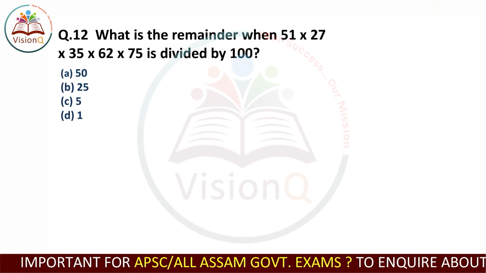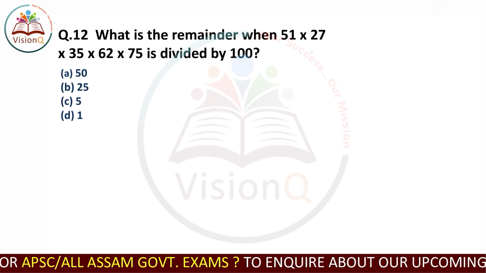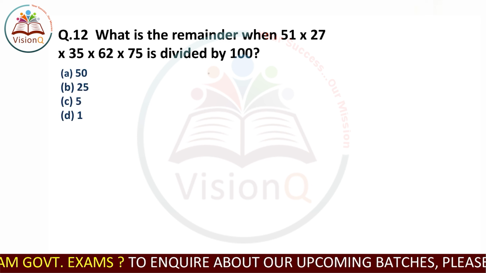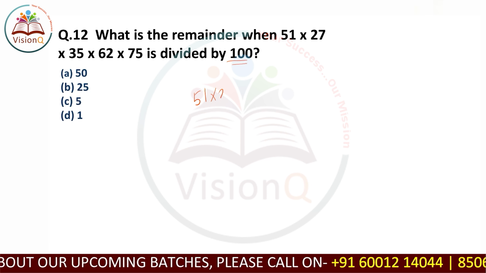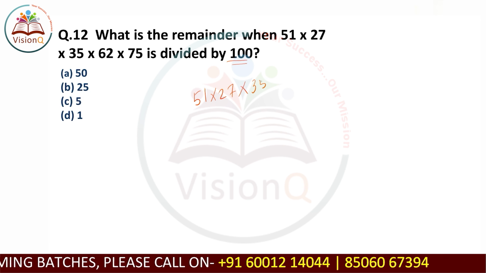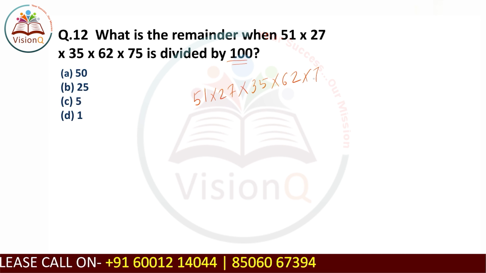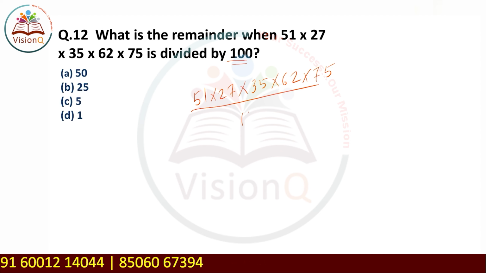Find the remainder when this number is divided by 100. The number is 51 into 27 into 35 into 62 into 75 divided by 100. So what to do in such cases?